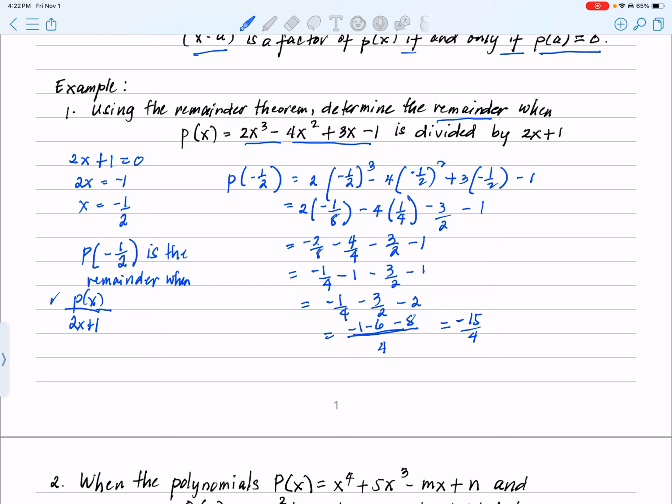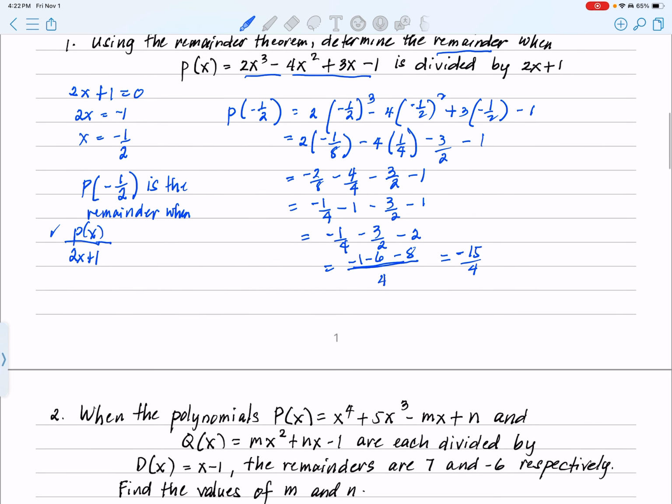Alright. When P is divided by 2x plus 1, we found our remainder. So we say when P of X is divided by 2x plus 1, the remainder is negative 15 over 4.